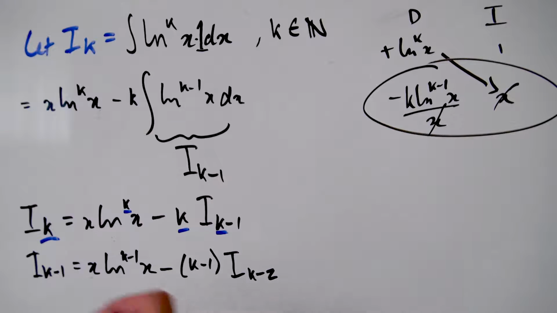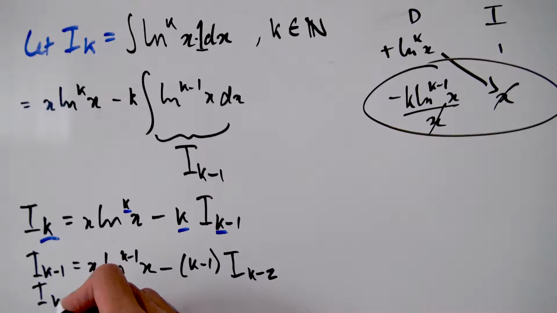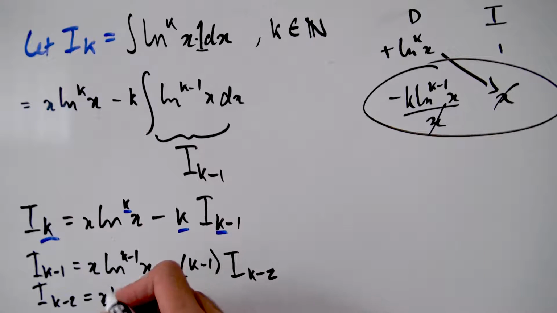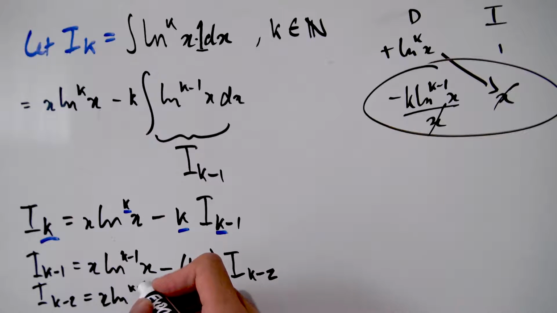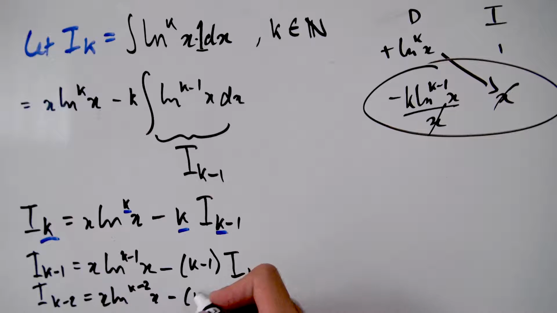Let's do one more iteration, so let's find an expression for I sub k minus 2, that's just x natural log to the k minus 2 power of x minus k minus 2 times I sub k minus 3.